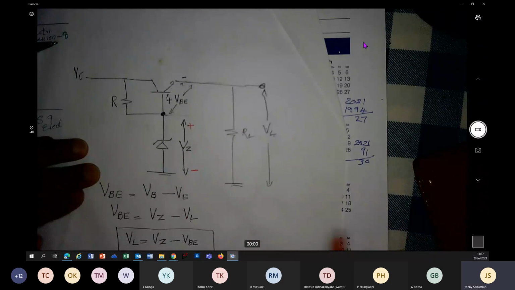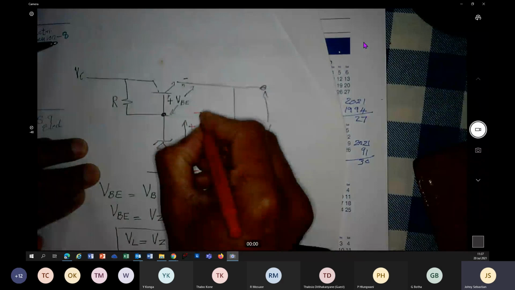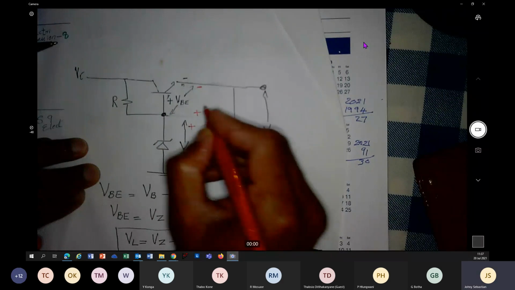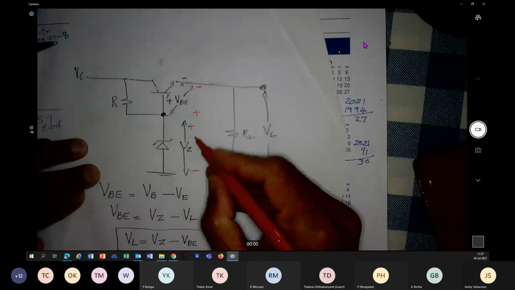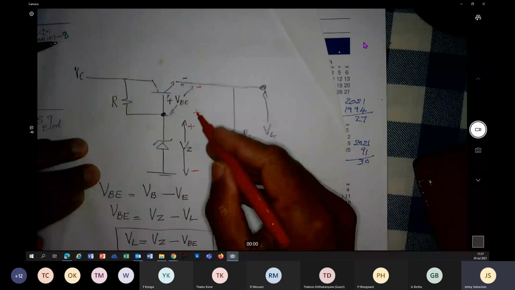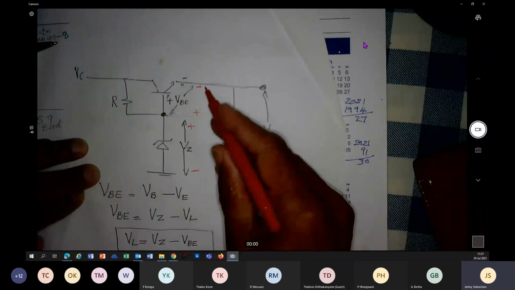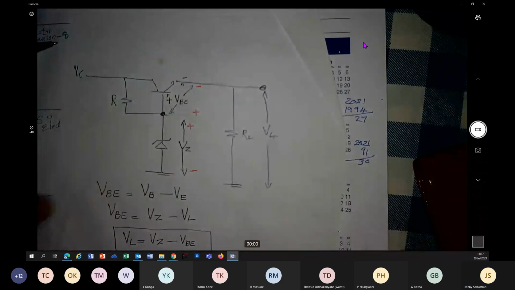And for a VBE, the base needs to be more positive with respect to the emitter. So negative to positive, VZ, positive to negative, you say minus VBE. So VZ minus VBE is VL. We got it in two different ways now.